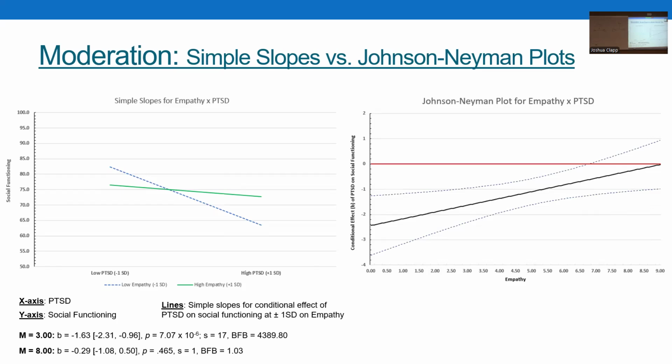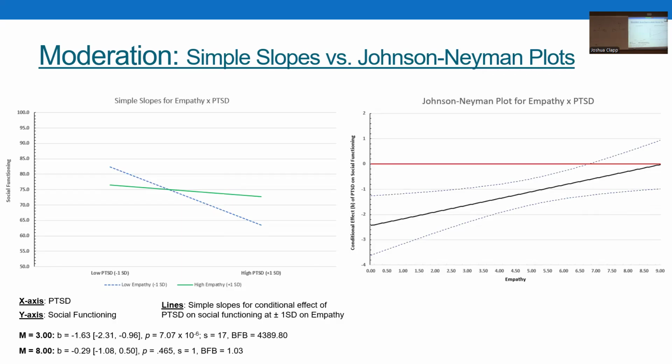If I take a look at this, Catherine, at what point does the conditional effect of PTSD on social functioning disappear? Yeah, kind of up here, right? What I've got here is the relation of PTSD and social functioning at a standard deviation below and a standard deviation above.